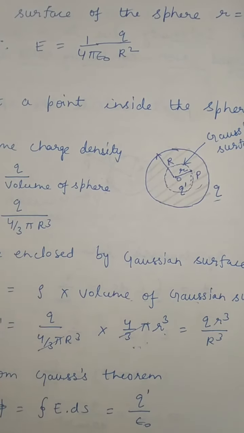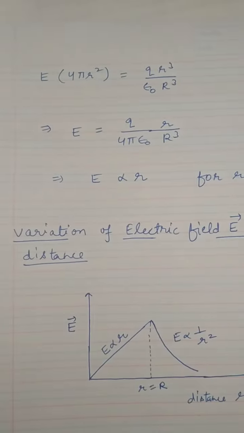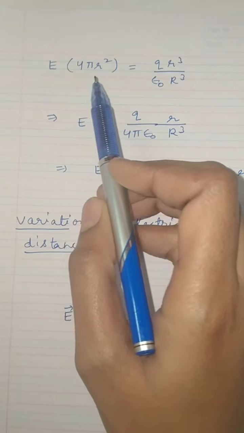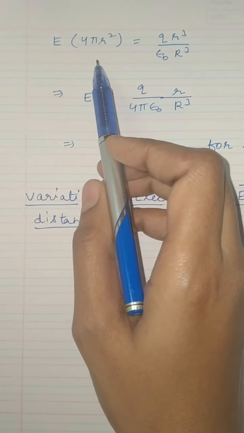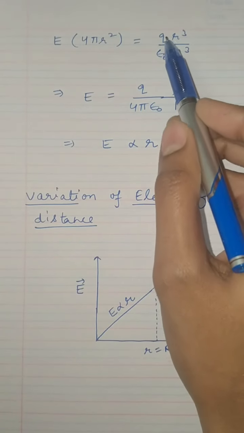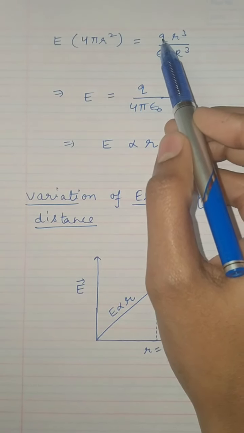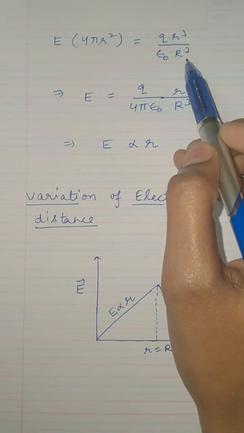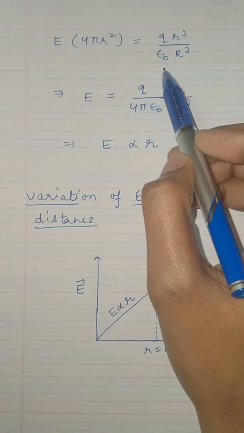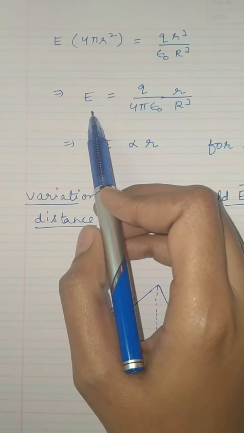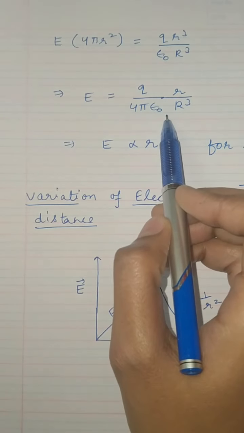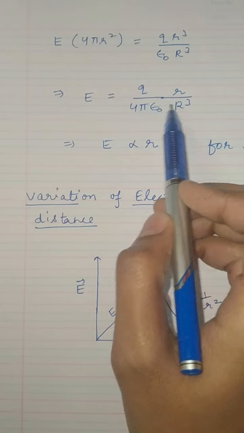What will we get? We will get E times the area of the Gaussian surface, 4 pi r square, is equal to Q dash, meaning Q r cube upon capital R cube, divided by epsilon naught. On solving it, we will get E is equal to Q small r upon 4 pi epsilon naught R cube.